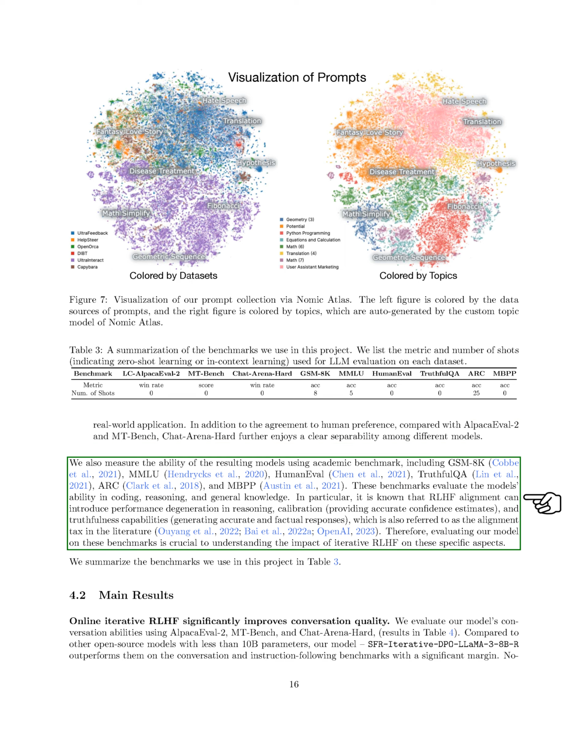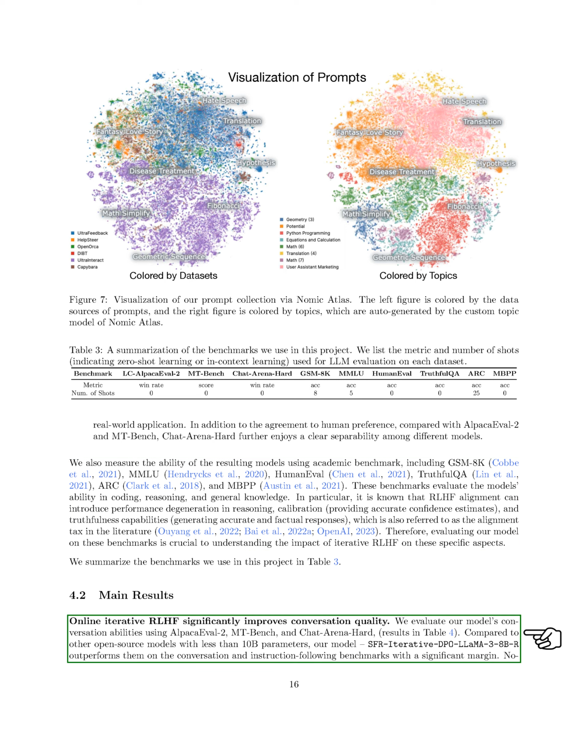It's important to note that RLHF alignment can impact reasoning, calibration, and truthfulness capabilities, known as the alignment tax. Therefore, evaluating our model on these benchmarks is crucial to understanding the impact of iterative RLHF on these aspects.